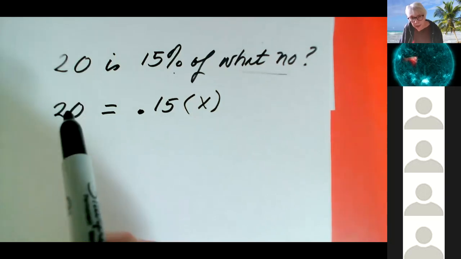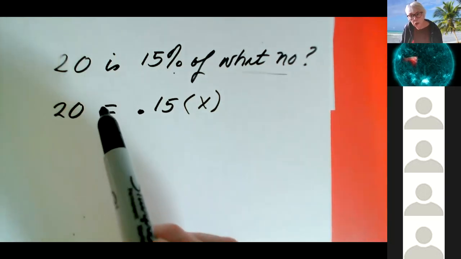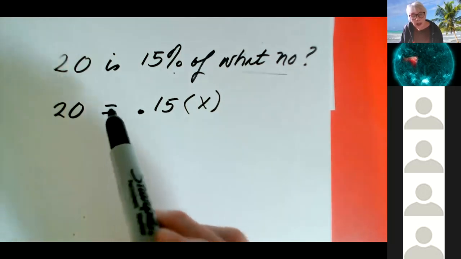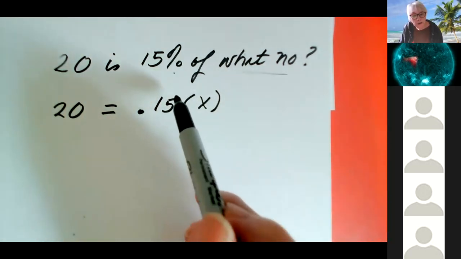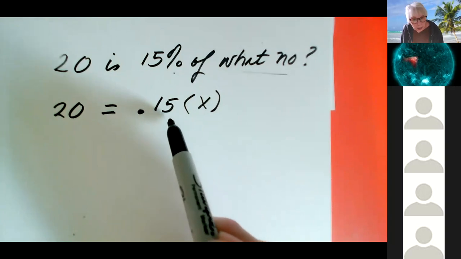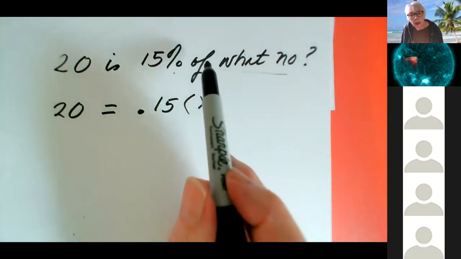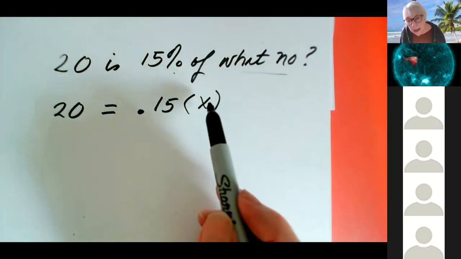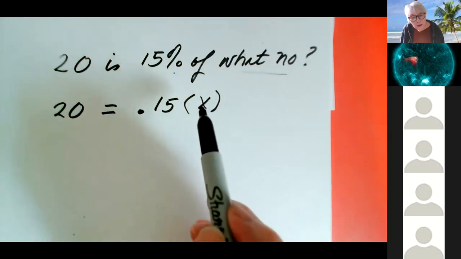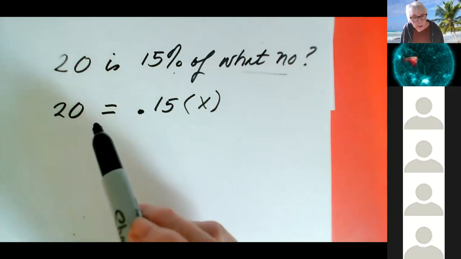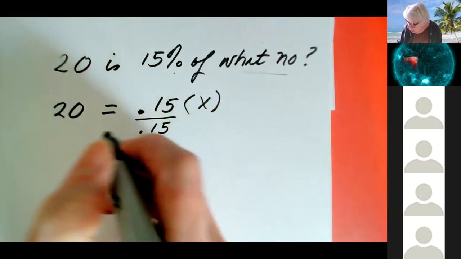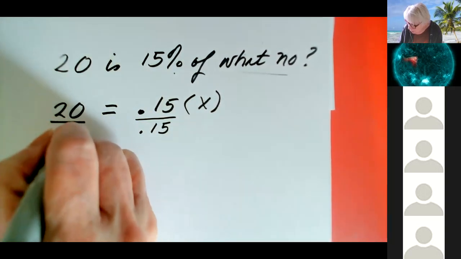This is a skill that will take you into the next course. 20 is 20, is equal, 15% has to be converted to an actual number that's usable. Of was multiply, and what number. The skill we have about solving for x is now used. I'm going to divide this side by 0.15 and divide this side by 0.15.